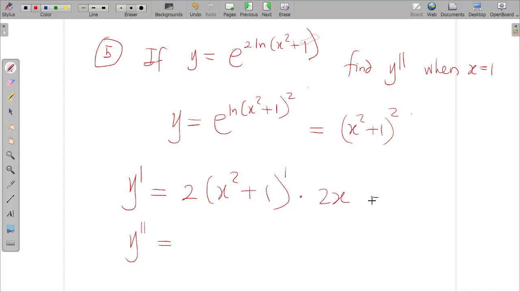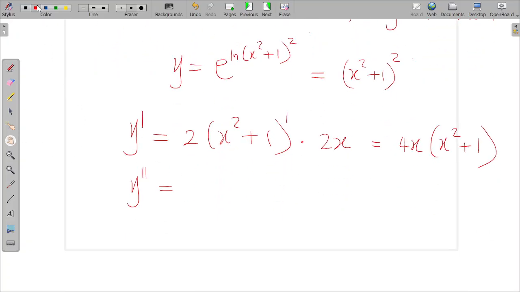So this gives us 4x(x squared plus 1). Now we want to derive the second time. Now this becomes a product rule, but because the power here is just 1, you can multiply inside and make things easy for yourself.